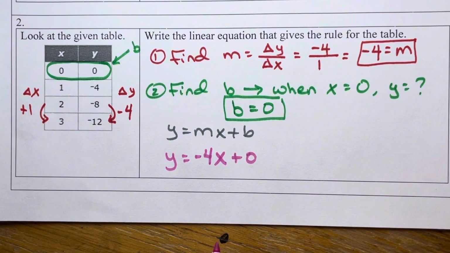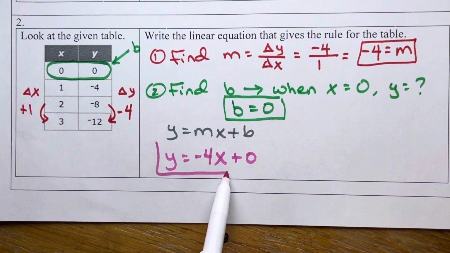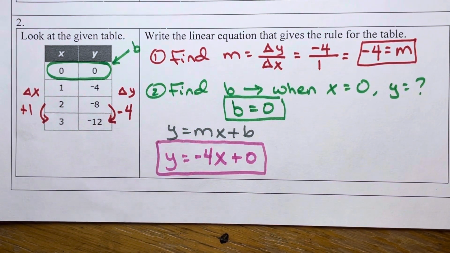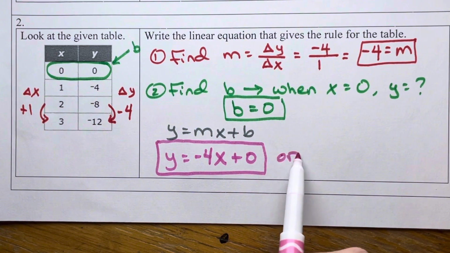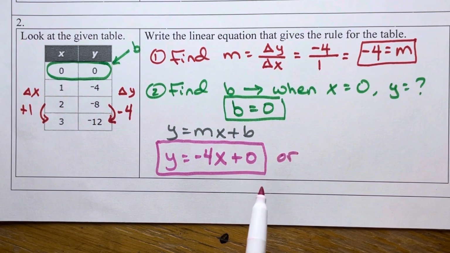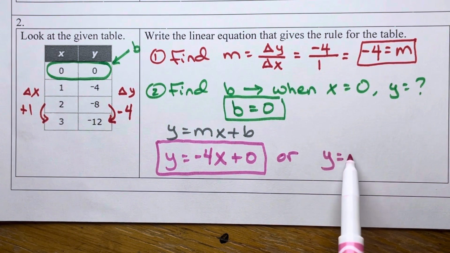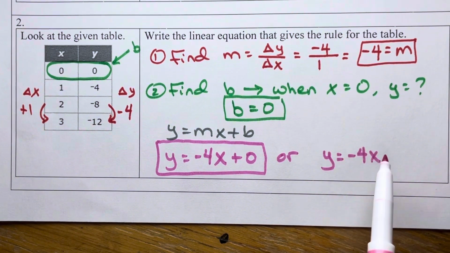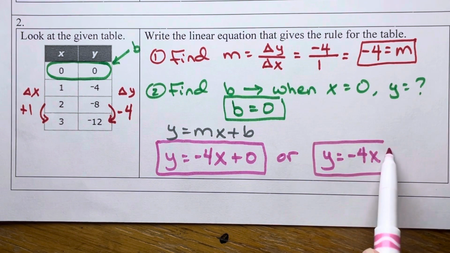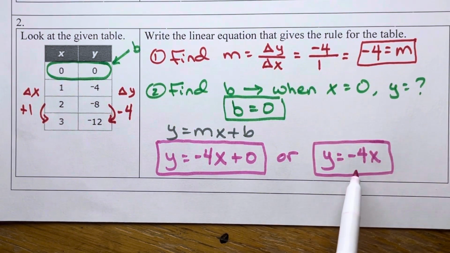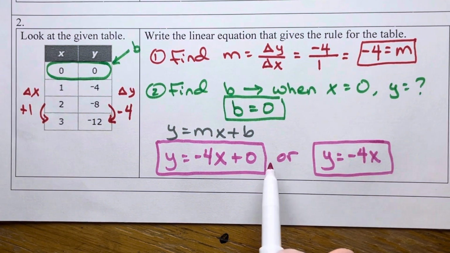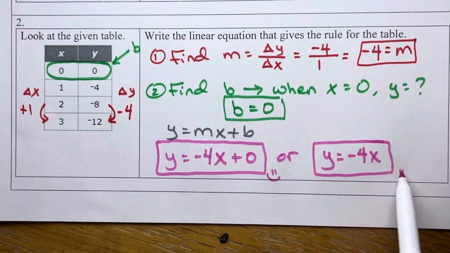As we discussed in a previous lesson, while this is technically accurate, many teachers and many digital platforms are not going to want to see a 0 added at the end. So all they're going to want is y equals -4x. While truthfully, these are both worth the same thing, they mean the same thing, platforms and teachers have preferences sometimes. And there you go.